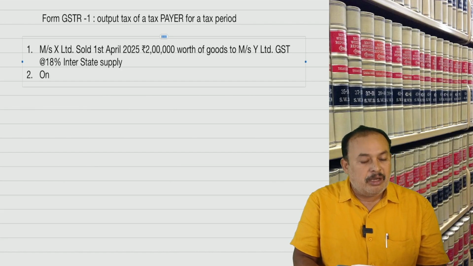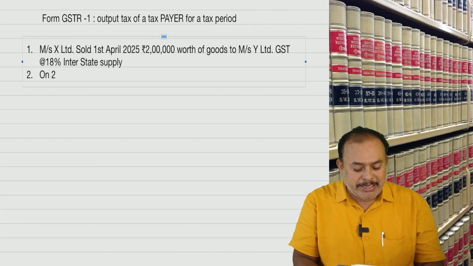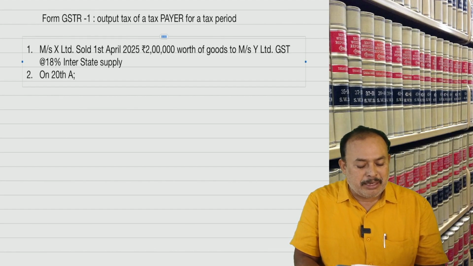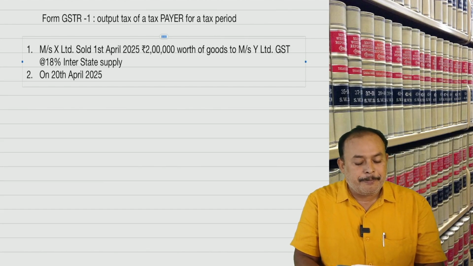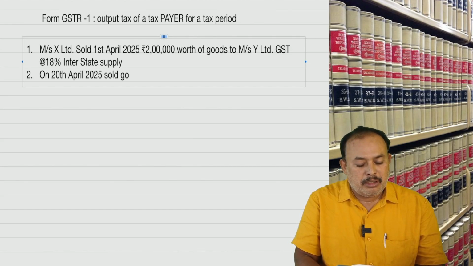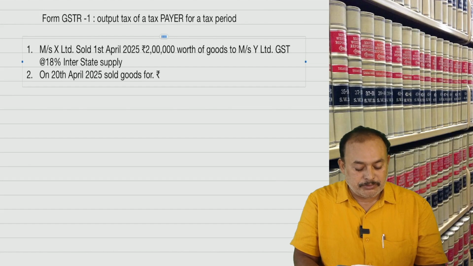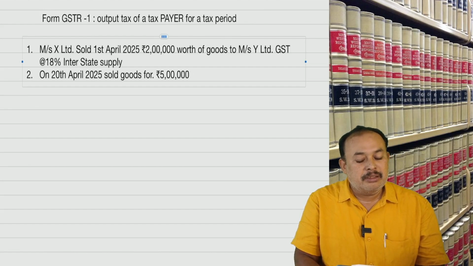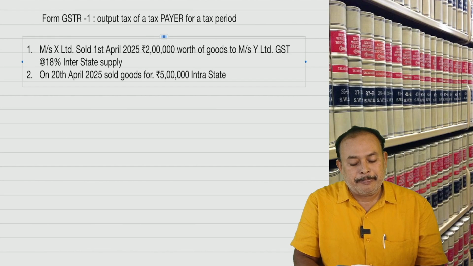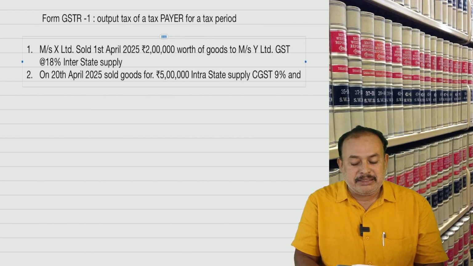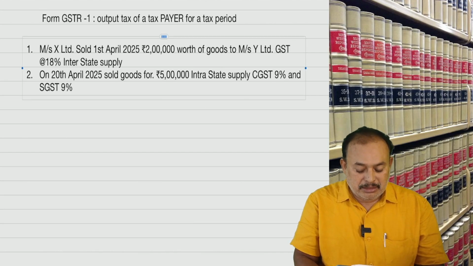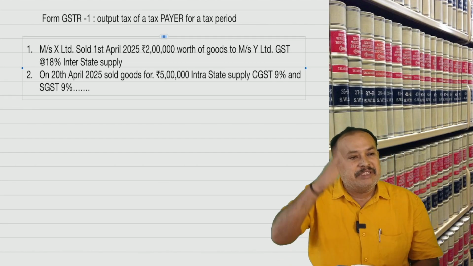Second point. On, let us say, 20th April 2025, sold goods for 5 lakh rupees, intrastate supply, CGST 9% and SGST 9%.